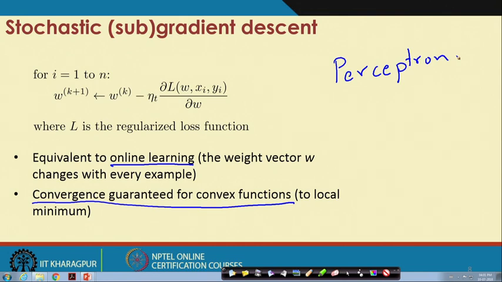In this case, the advantage of stochastic gradient descent is that it is guaranteed to converge for all convex loss functions. We will go through the convergence proof in a moment, but just note that it is not clear that convergence will always happen. In what sense the convergence will happen, you have to be careful.